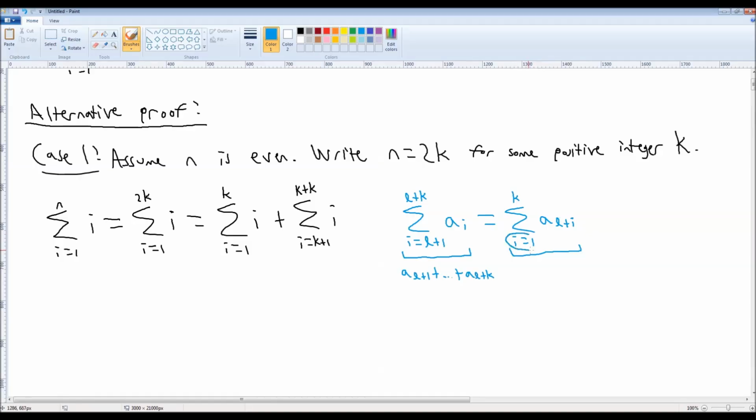Here the sum is only from 1 to k. However, the terms of the sequence are offset by L. So if i is 1, we get a of L plus 1, et cetera, and then our last term in the sum is a of L plus k. And hey, look, what do you know? These are the same sum.